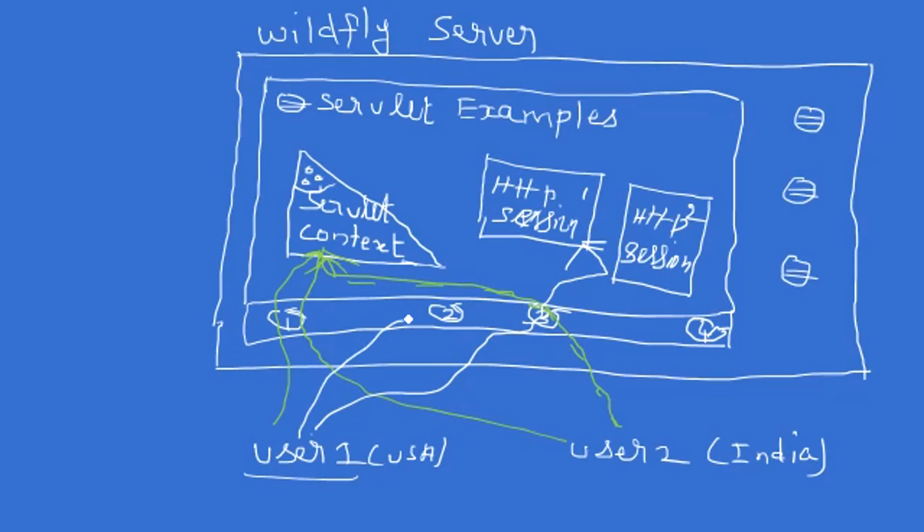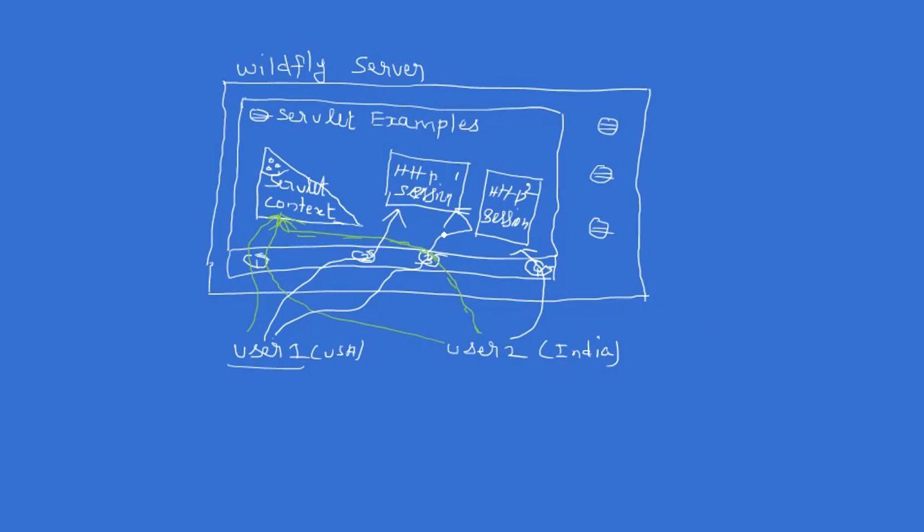Even if the user goes through a different servlet, they still land in that specific session. Similarly, if user 2 goes through, they will land in a second session. So it doesn't matter which servlet they go through. There will be a separate session for each user connection.